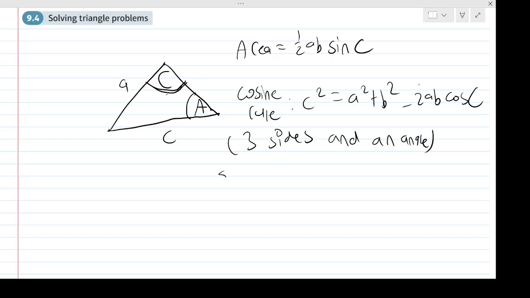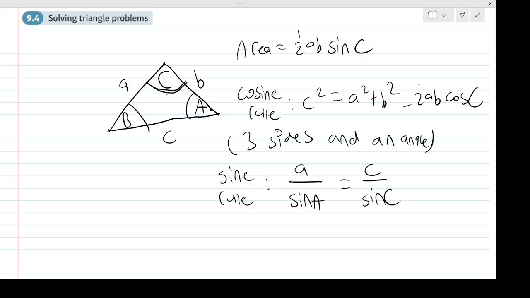The sine rule is instead, if we have little a over sine of big A, it's going to equal c over sine of C. And if we had this side b and the angle opposite it, capital B, it would also be little b over sine of B. So that is the sine rule, where we can relate a side and the opposite angle to that side in this way.